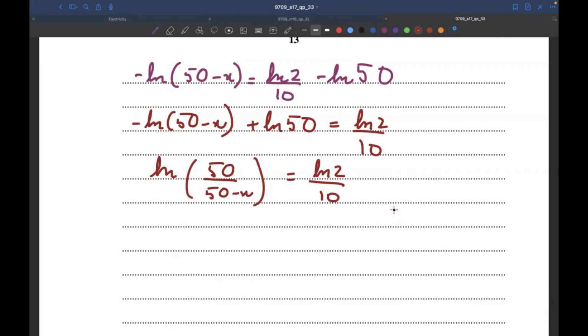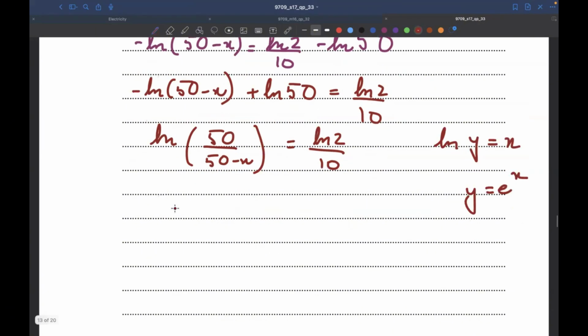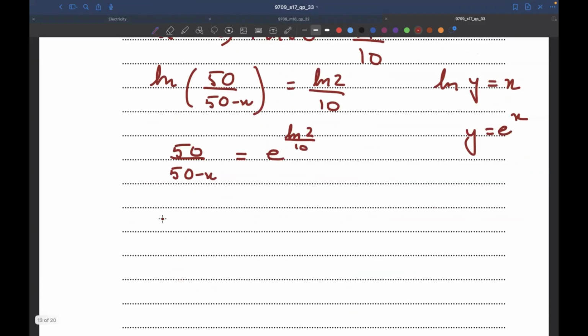And now what we know is that if ln of y is equals to x, then y is equals to e to the power of x. So we can write this as 50 upon 50 minus x is equals to e to the power ln of 2 upon 10.